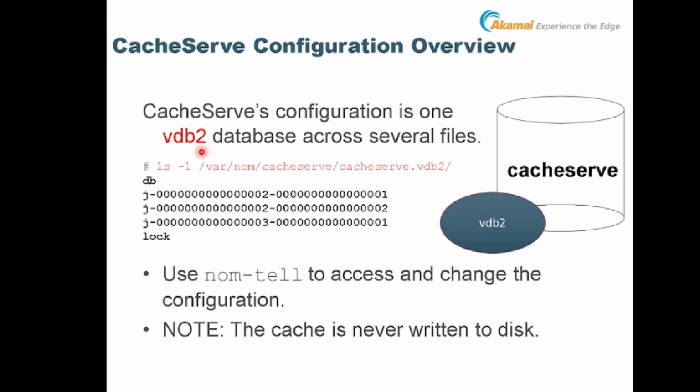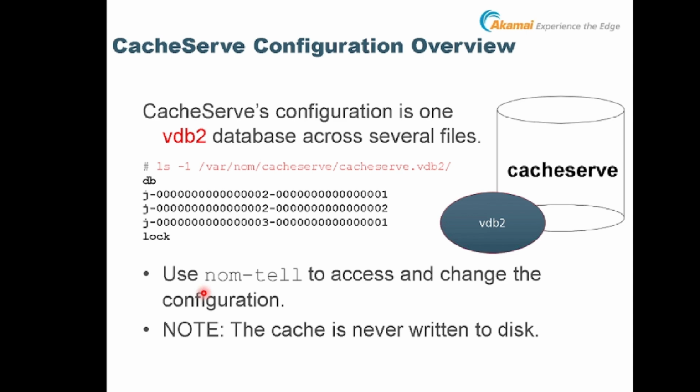That's where the version 2 comes from. So you'll see the journal files look a little bit different than what you saw with AuthServe's legacy VDB single-threaded database. But every CachEserve will have this VDB database, which is used exclusively for configuration. That's the only thing that's in there.